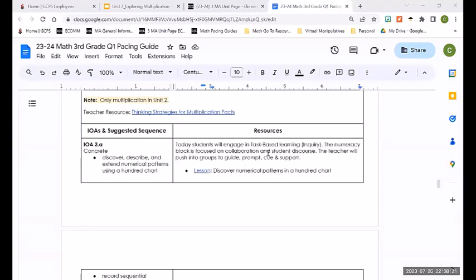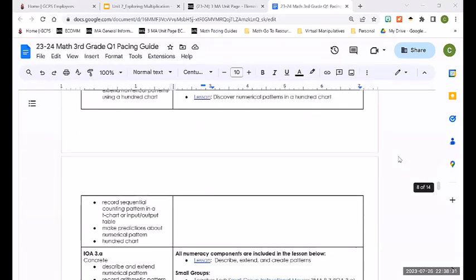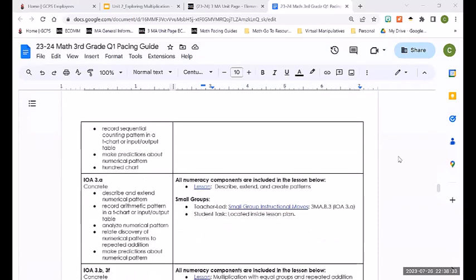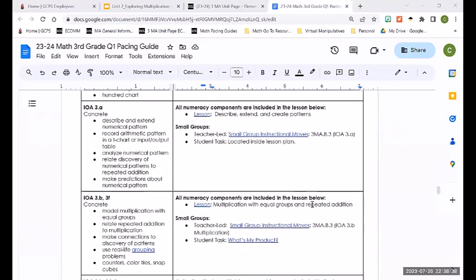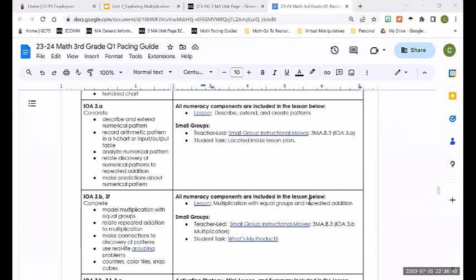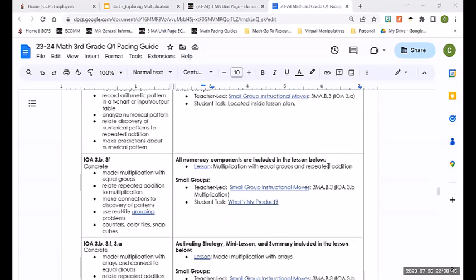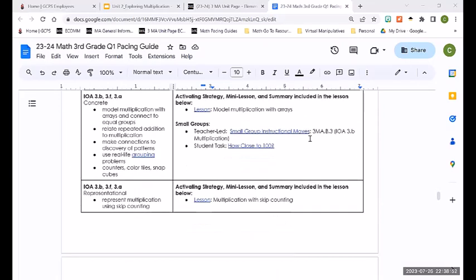This unit will begin with a task-based learning lesson to support students in discovering numerical patterns. The Patterning IOA 3A is intentionally embedded throughout the unit so that students make connections between multiplication and patterns. After exploring patterns, students learn to represent multiplication using equal groups, arrays, and skip counting.